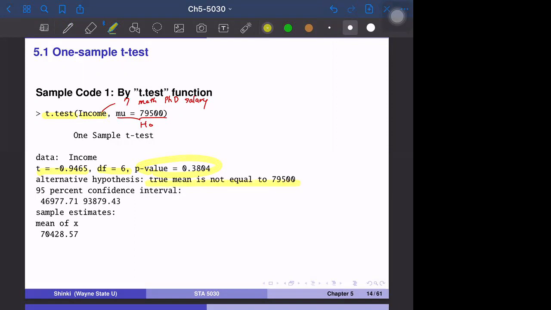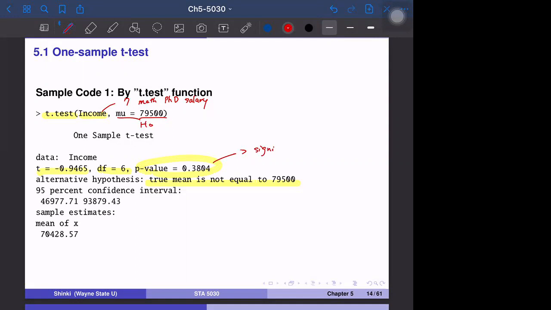We cannot really see it from this, but we do not reject the null hypothesis if this p-value is larger than 0.05, the significance level. We will explain the so-called p-value later.